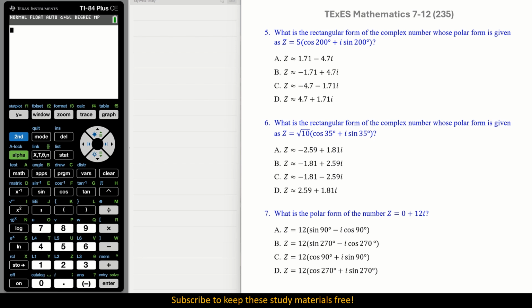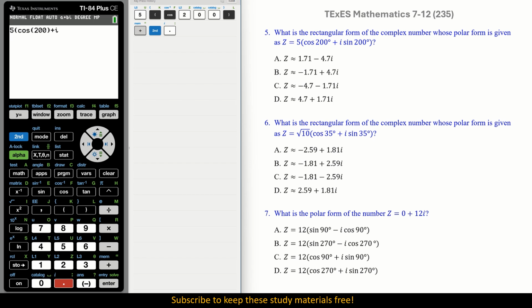All right. So 5 parentheses. You have to use the parentheses. Don't forget them. Cosine 200, close those parentheses, okay? Plus, we need the second I. And it's best to put the I before it. I mean, you can put it after, but in a minute, I'll show you what happens, okay?